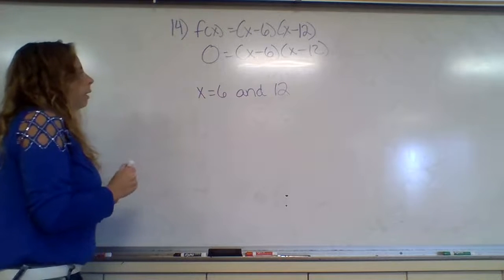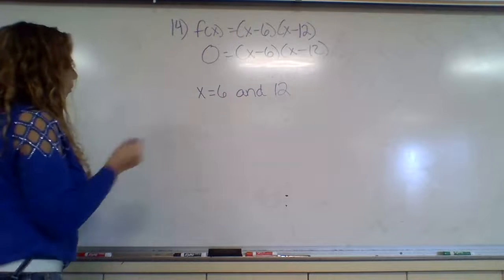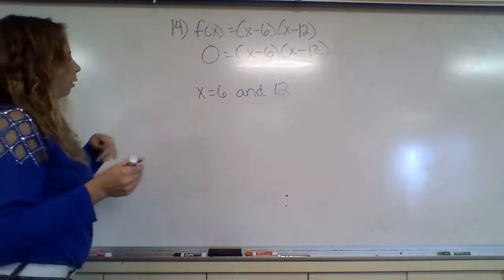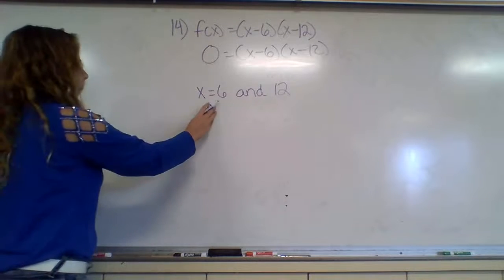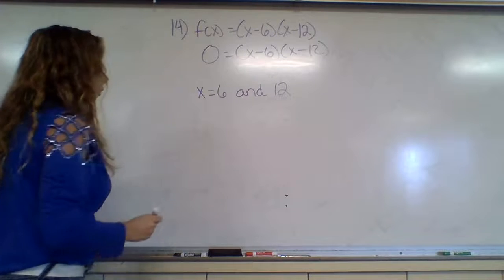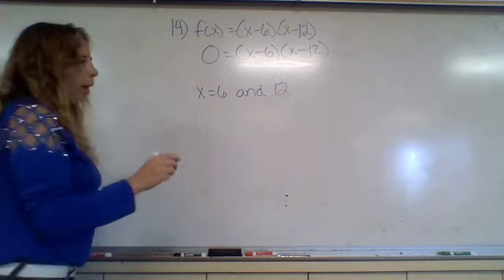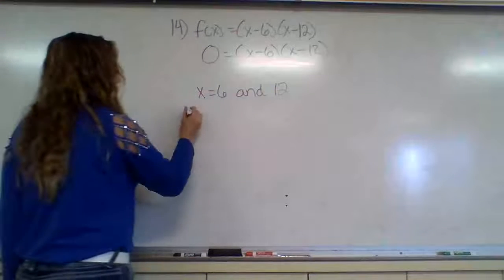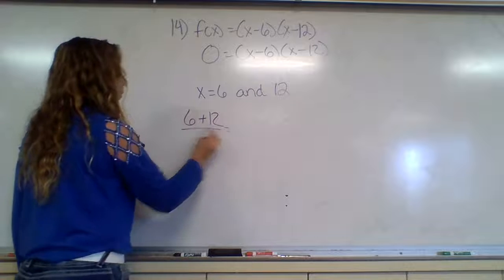Then the vertex is halfway in between your x-intercepts. So halfway between 6 and 12. You can write them all out like a number line and then find the middle, or 6 plus 12 divided by 2.